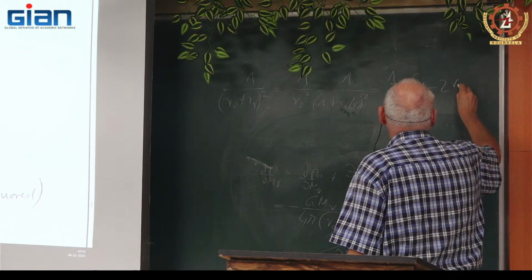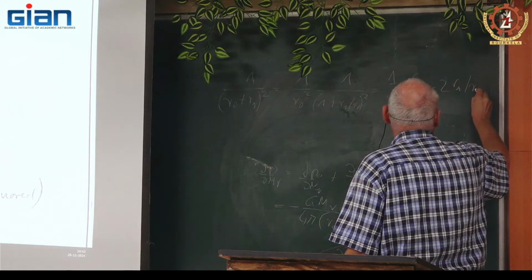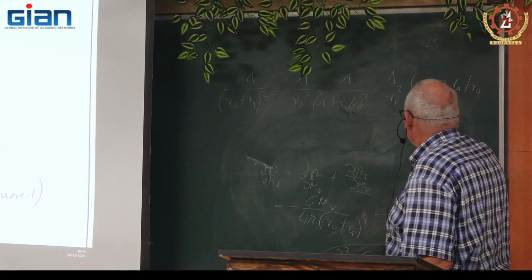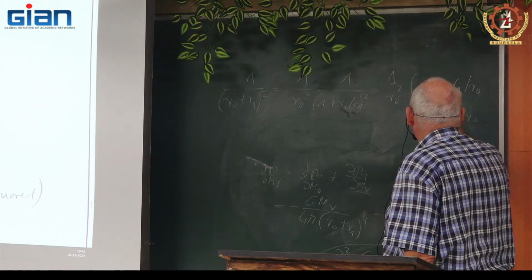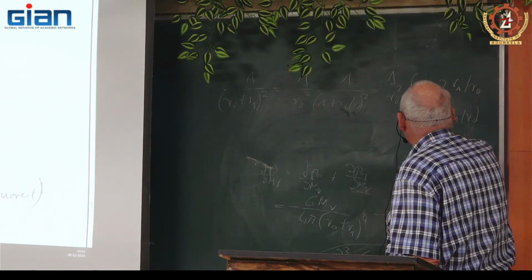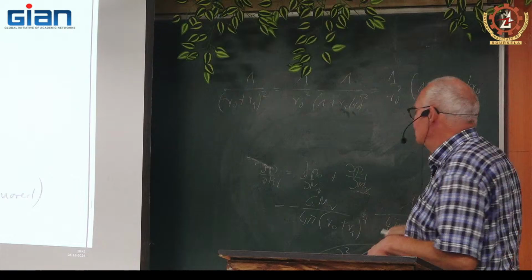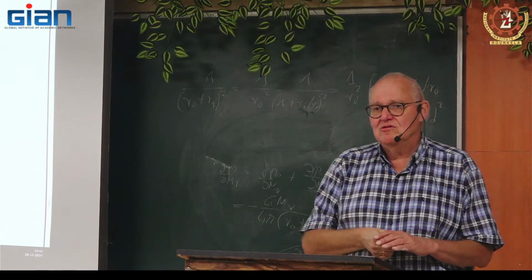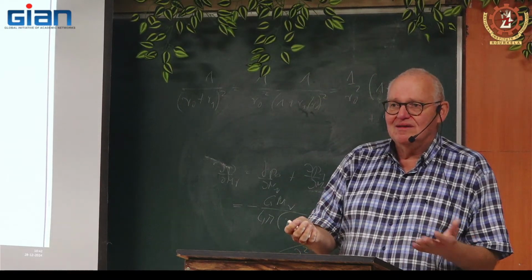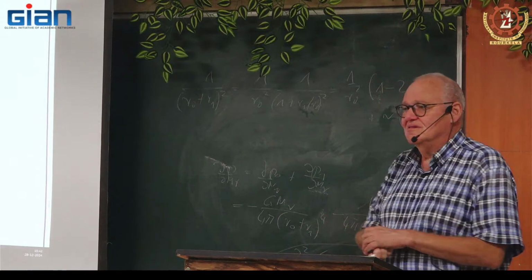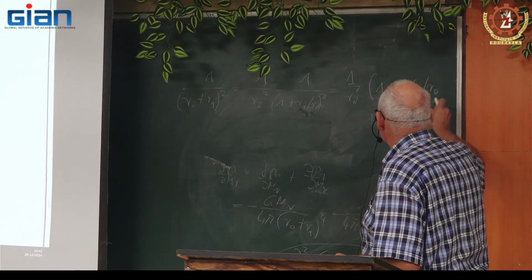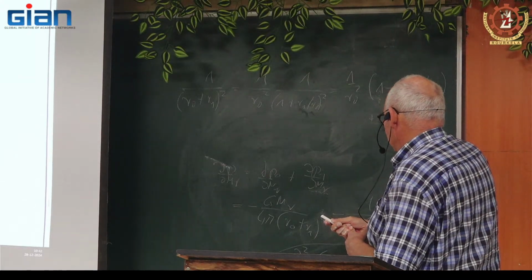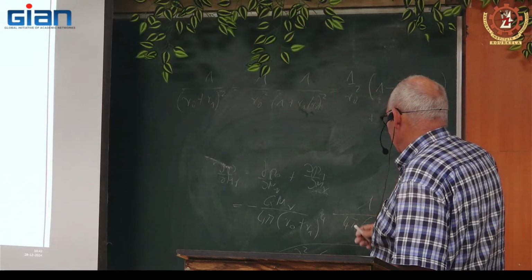It's 1 minus 2 times r1 over r0 plus, the next term would go with r1 over r0 squared, with a plus coefficient. We don't need to consider it, and we assume that this r1 over r0 is a small quantity, so we can drop this because it's of second order. Okay, so we have the following relation here.